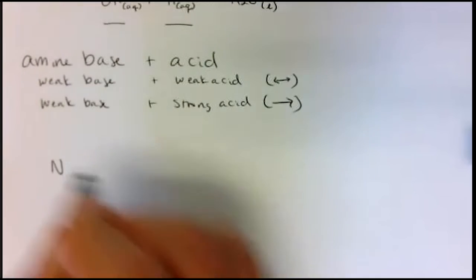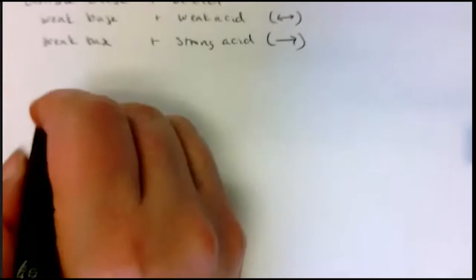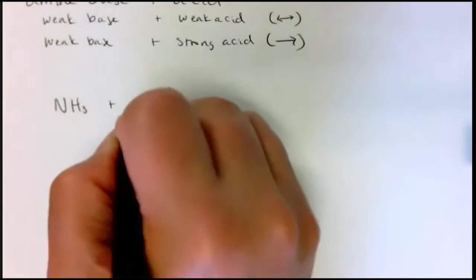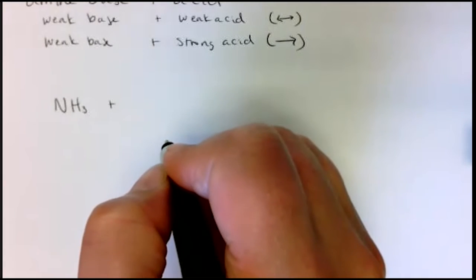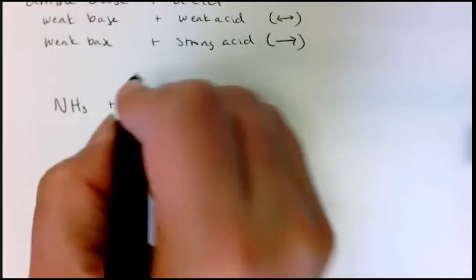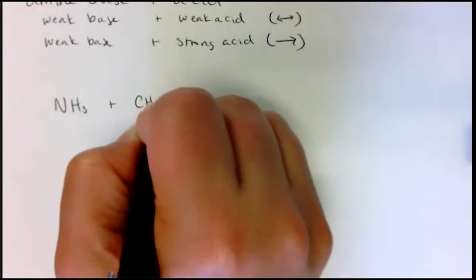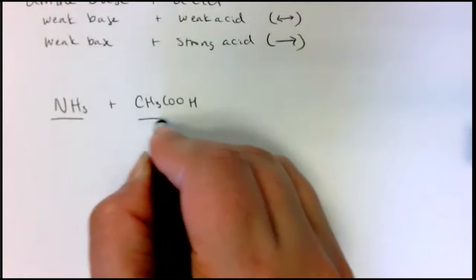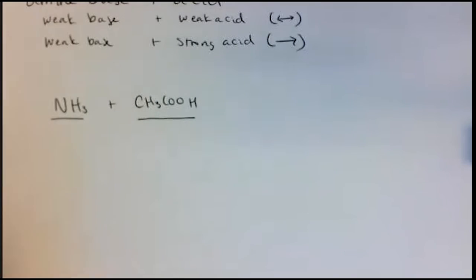So I'm just gonna do actual examples with these. So if we have NH3 plus CH3COOH. So we have the weak base ammonia, the weak acid acetic acid.